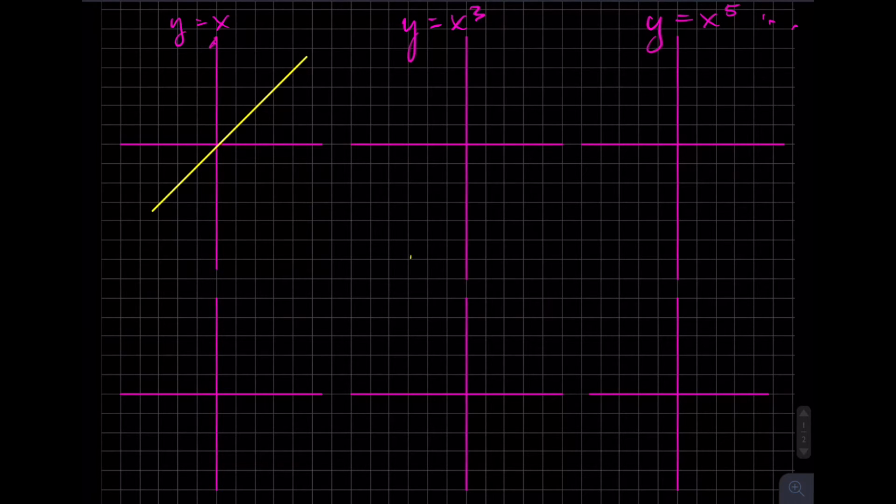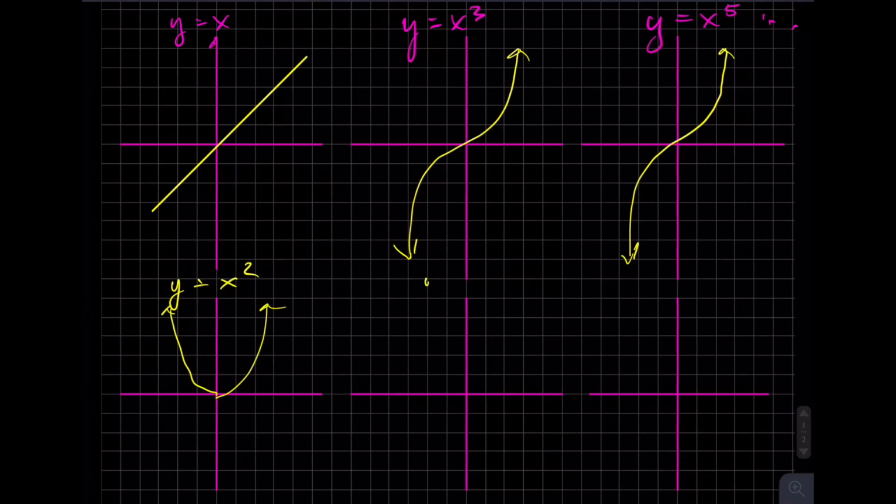Y equals x cubed looks something like this. Y equals x to the 5th looks like this, skinnier than y equals x cubed. Y equals x squared looks like this. Y equals x to the 4th looks like this, a little bit flatter on the bottom. Y equals x to the 6th looks like this, a little bit flatter on the bottom.